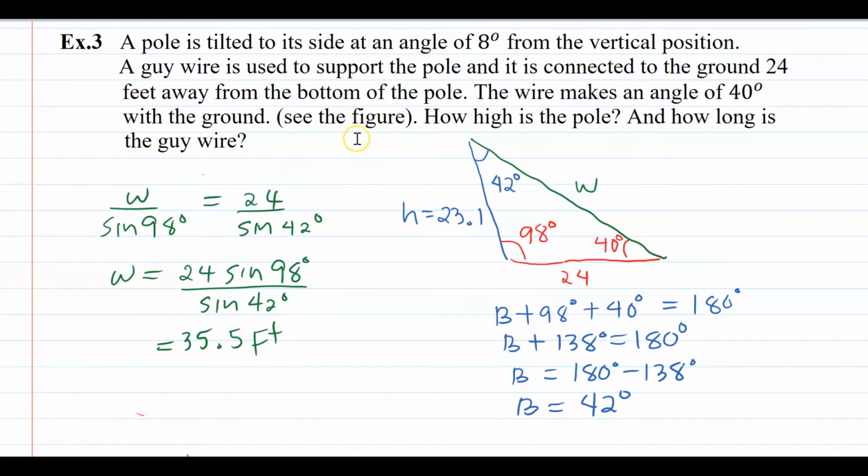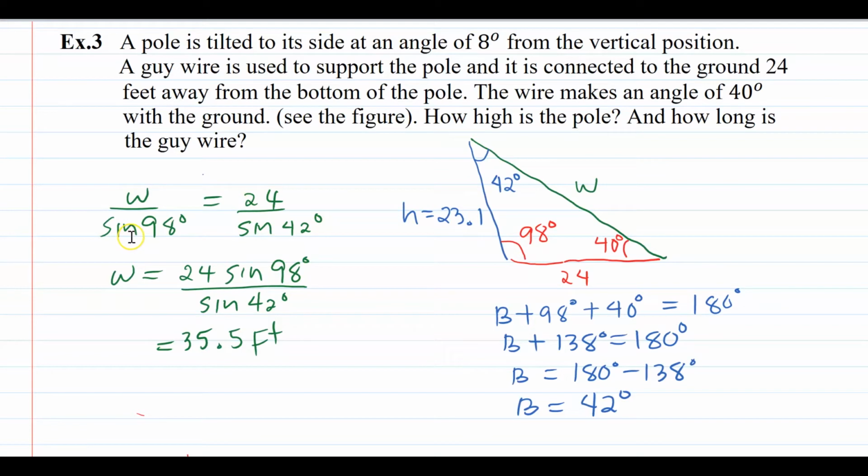Now our next task is to determine the length of the guy wire W. Let's set up the law of sines to solve for the length of the wire. So we have here W over sine of 98 degrees is equal to 24 over sine of 42 degrees.